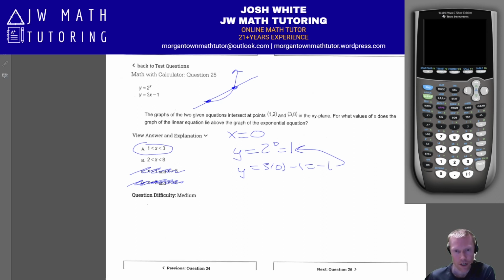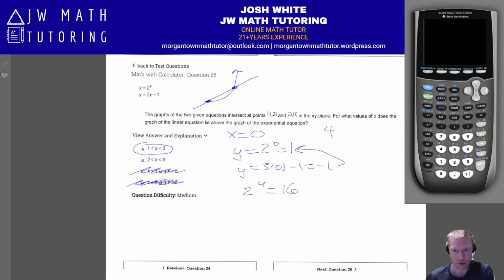Okay, so now we're down to A and B. So all we have to do is basically pick a point that is in one but not the other and see if that works or if it does not work. So let's take, for example, 4, okay? Because 4 is in answer choice B, but it is not in answer choice A. So for the first one, we've got 2 to the 4th. That is going to be 16.